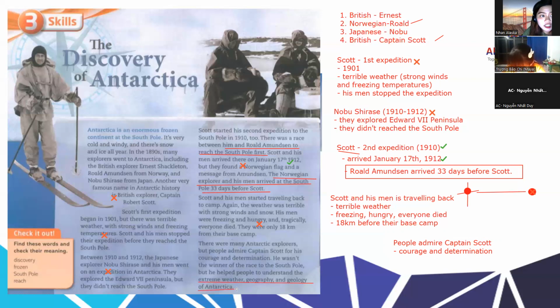Captain Scott wasn't able to get back alive from the expedition, but his biggest contribution is that people were able to understand that if the weather is really cold, you might die.